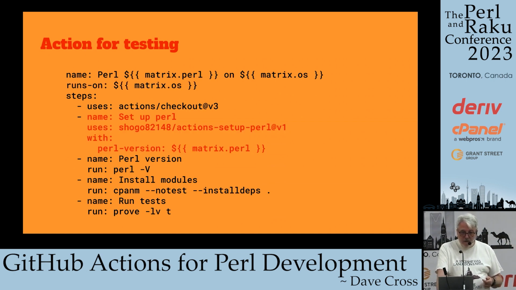And then the actual work that each of those iterations does, we're using one of those 10 Perl actions in the marketplace. It's one called setup Perl, and it basically installs a particular version of Perl onto your container, and you pass it the Perl version, as you can see there.